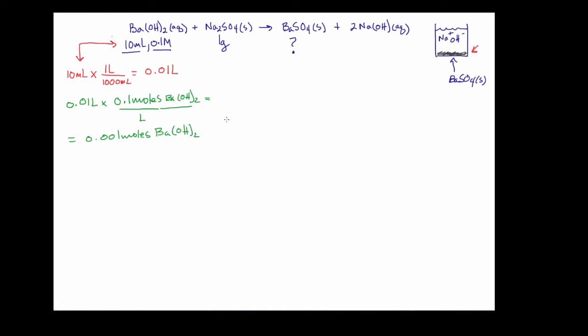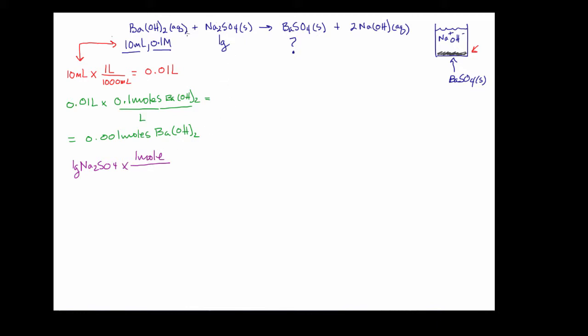Now in the case of the sodium sulfate, we set this one up like we did in the previous examples, where we have 1 gram of Na2SO4, and we're going to multiply this times 1 over its molar mass.